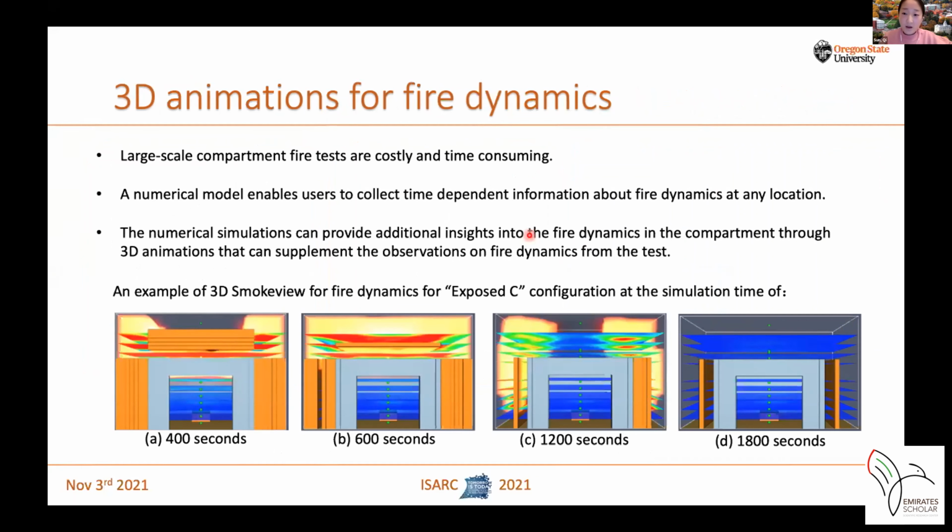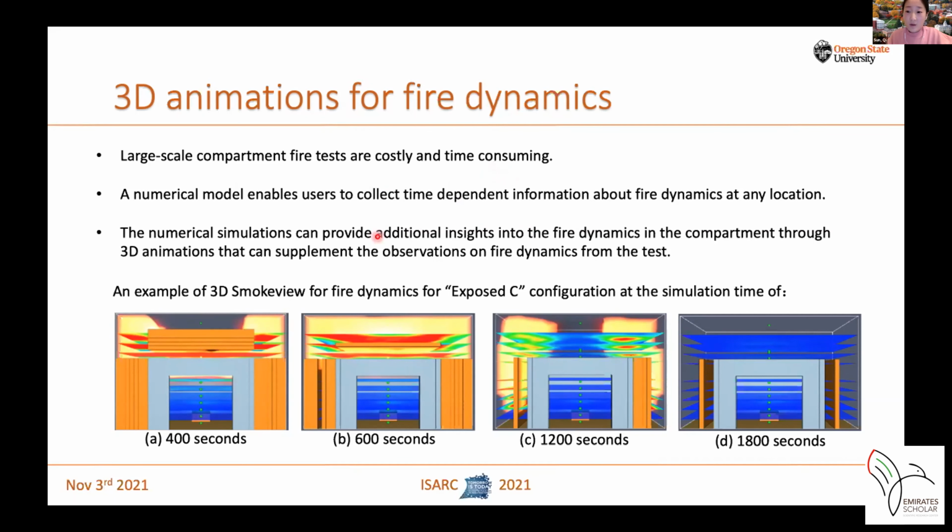In addition, the numerical simulations can provide additional information that cannot be obtained through an experiment. The main advantage of numerical experiments is being more resource efficient compared to traditional experimental tests. A large-scale compartment fire test is usually costly and time-consuming. Therefore, a numerical model enables users to collect time-dependent information about fire dynamics at any location.